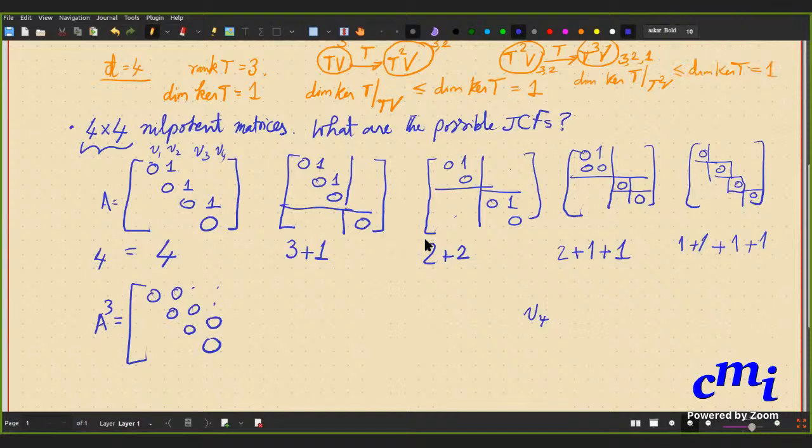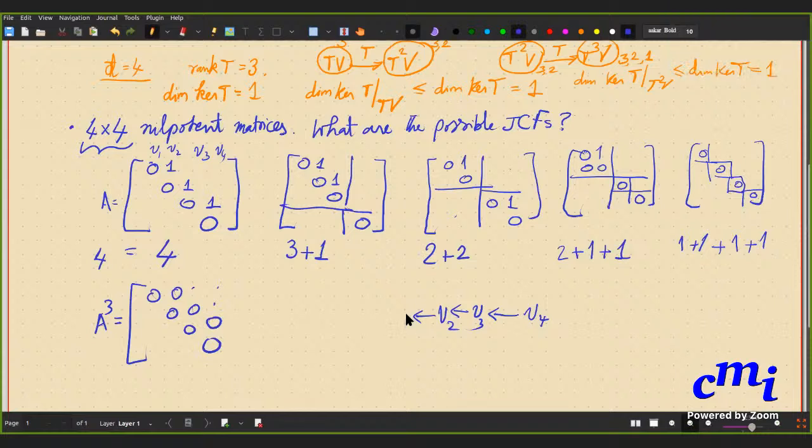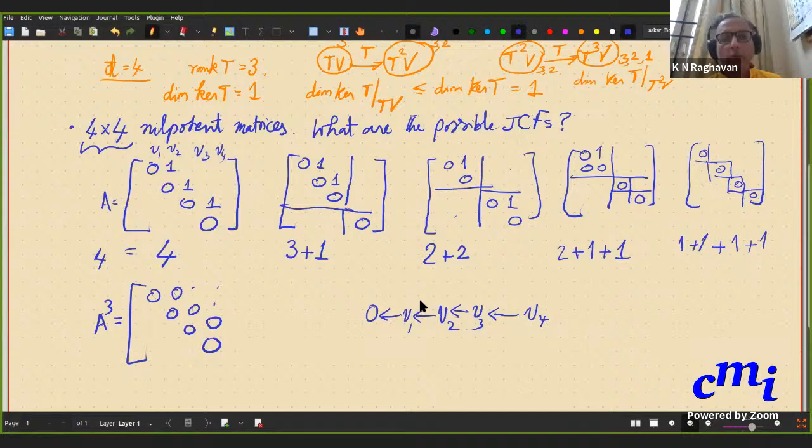V3. Very good. What is V3 mapped to? V2. Where is V2 mapped to? V1. And where is V1 mapped to? 0. Okay. So this is all A.